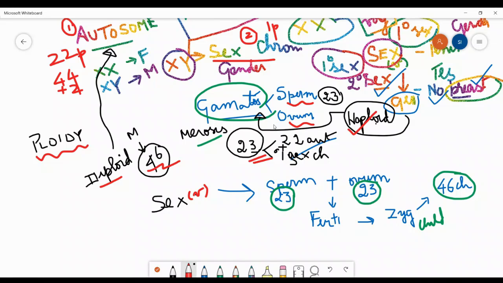Haploid number 23 is formed by the process of meiosis, seen in gametes, whereas diploid number 46 is formed by the process of mitosis, and this is found in all the cells except the gametes. So all the cells of the body have diploid number 46, except the sperm and ovum, which have haploid number.